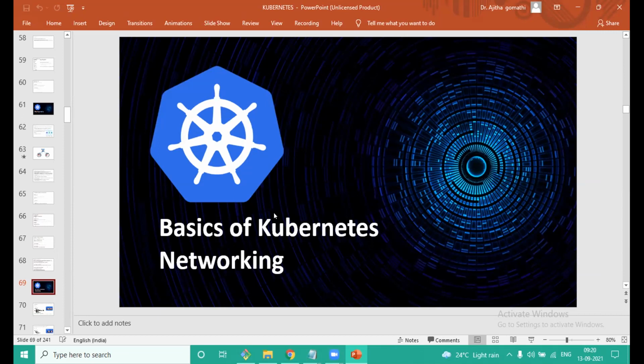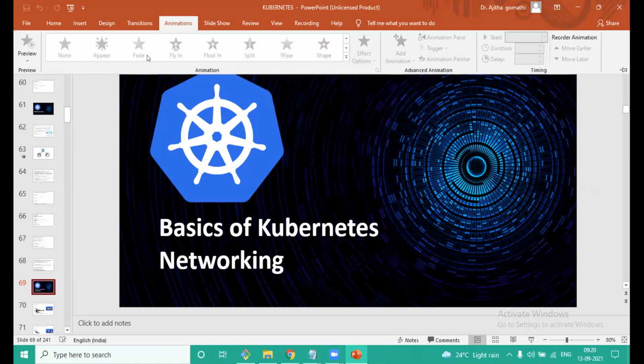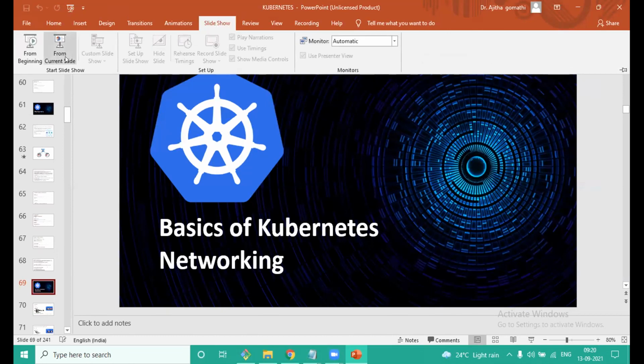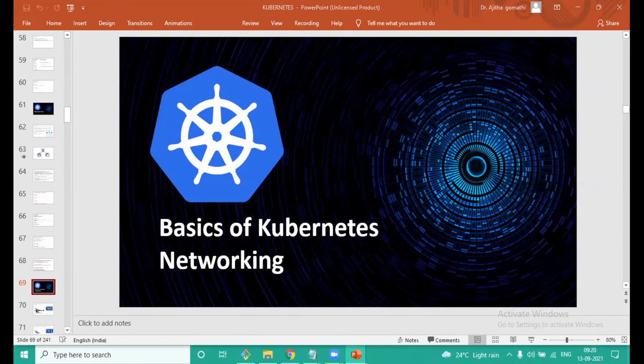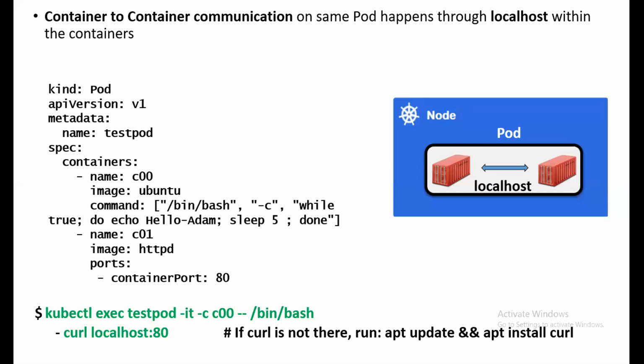Now to continue, let's understand some of the basics of how networking happens within the cluster. How does the basic communication happen? In a pod by default there will be only one container.